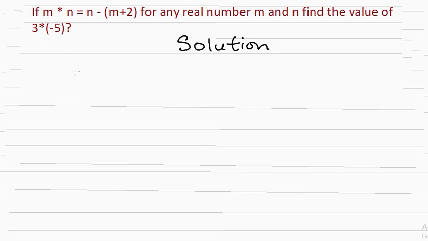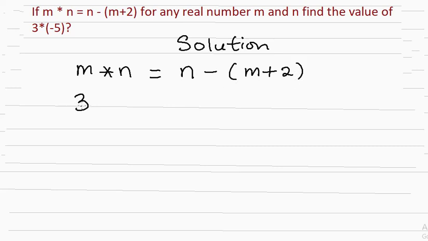This is very simple. We already know the definition: m * n is equal to n(m + 2). For us to evaluate 3 * −5, in place of m, I'm going to put 3, and in place of n, I'm going to put −5.